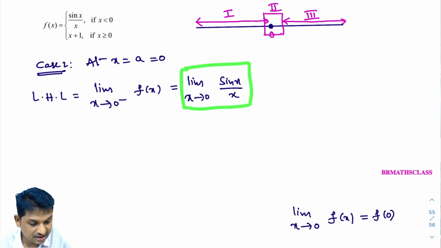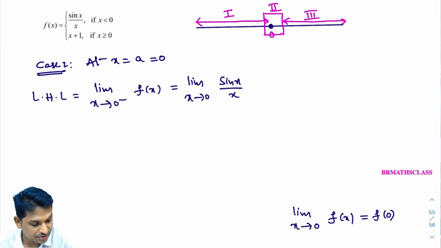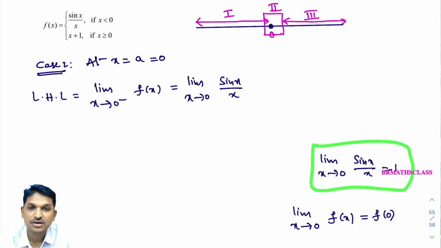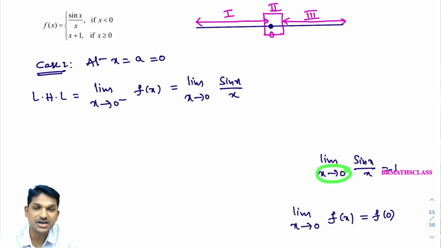In the class 11 limits chapter, we have a result. What is the result? Limit x tends to 0, sin x divided by x equal to 1. When this limit exists, this value is 1. It means that the left hand limit at x equal to 0 exists, the right hand limit at x equal to 0 exists, and both are equal to 1.